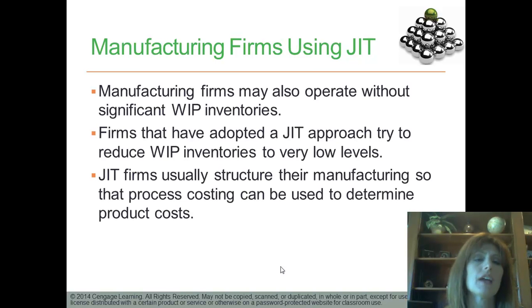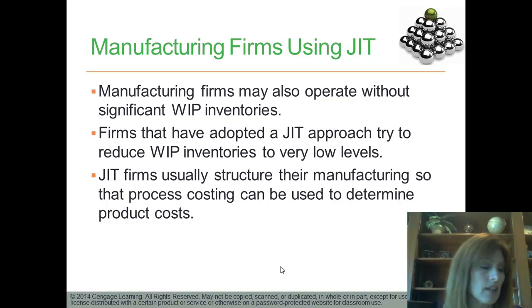Okay, manufacturing firms don't all have a lot of work in process because they use a just-in-time approach. If you've heard of just-in-time before, that means we're trying to operate as lean as possible so that we minimize how much inventory we have. In other words, something's made just as it's needed by the next department. One department is only making what the next department needs, and things are flowing quickly.